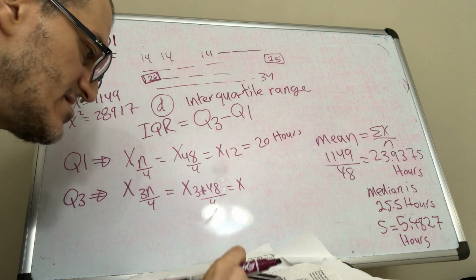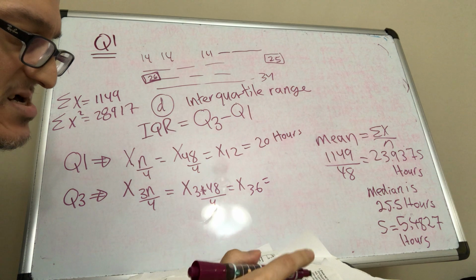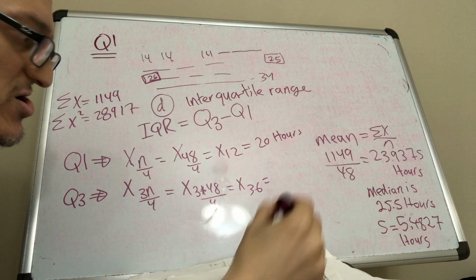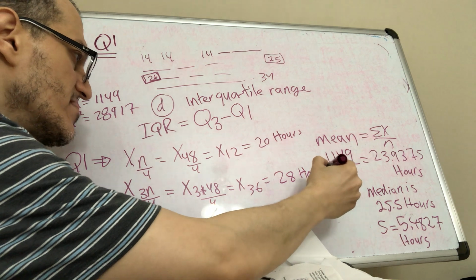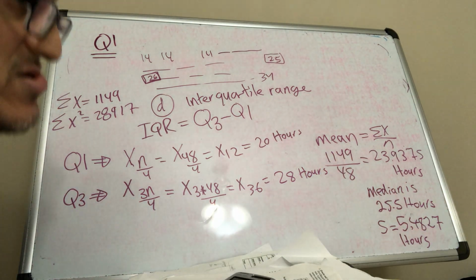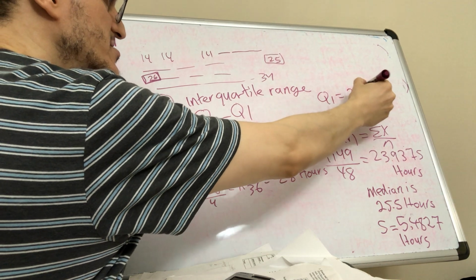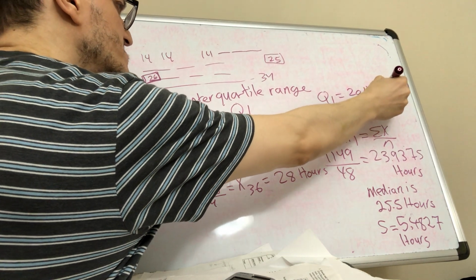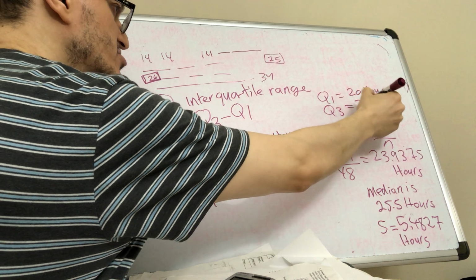So that would be the number in position 36, and that would be the end of the third line, and that would be 28 hours. So Q1 is 20 hours, Q3 is 28 hours.